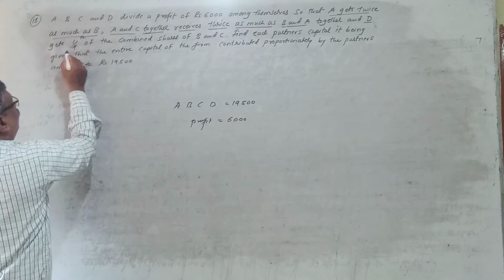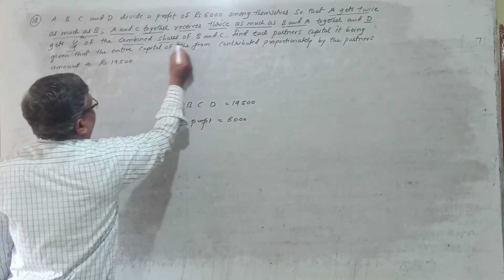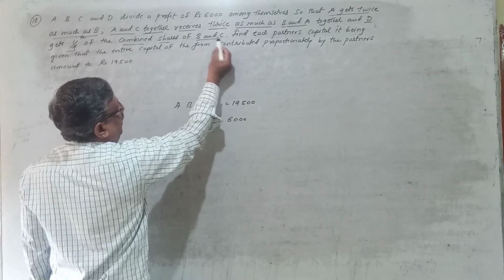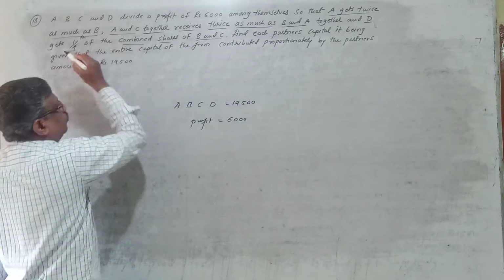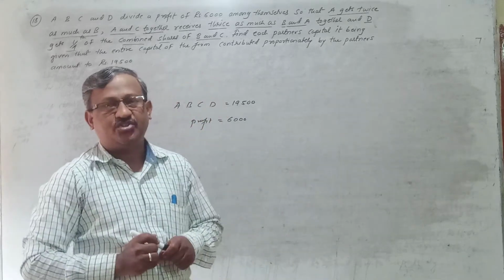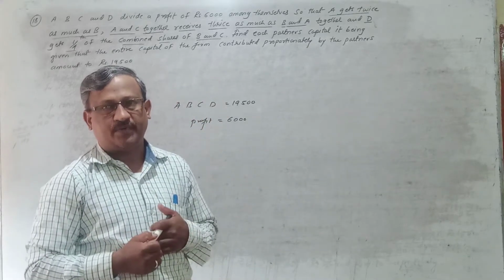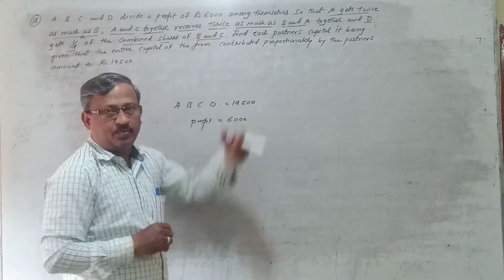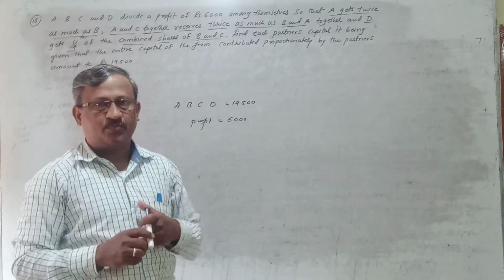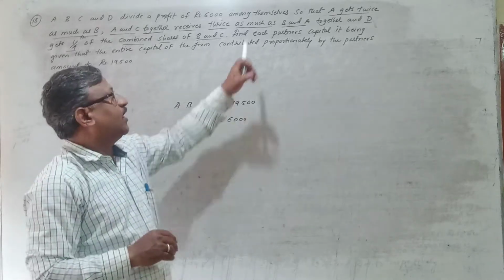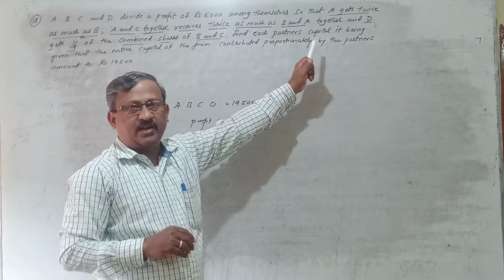He is getting 1/4 of the combined shares of B and C. So what total share B and C is getting, of that 1/4 D is getting. So this is how they are getting the share of profit from the total profit, 6,000 rupees, after distributing this profit among these four partners in capital ratio.